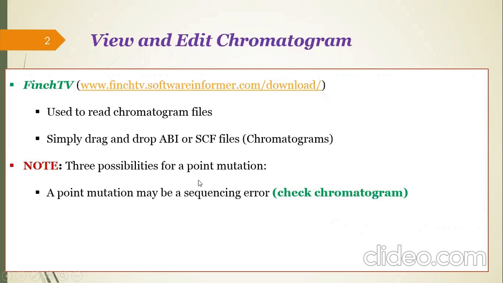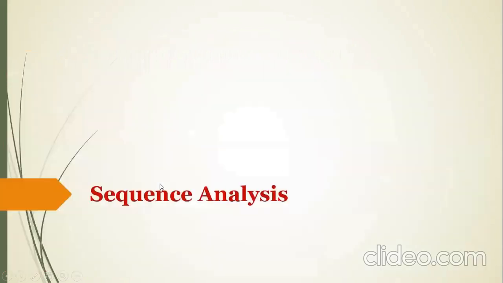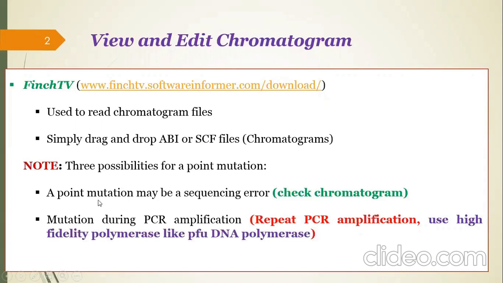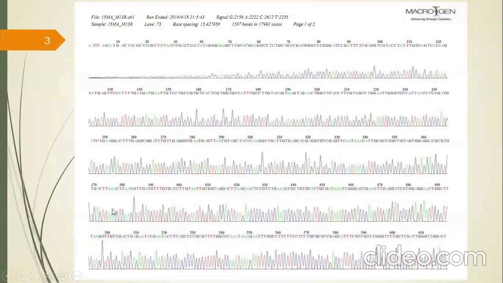We already have discussed that, और वो three possibilities क्या थी कि पॉइंट म्यूटेशन है, PCR artifacts हो सकती हैं, and could be allelic mutation. So in that file, this is the chromatogram file. समझ आ रही है?